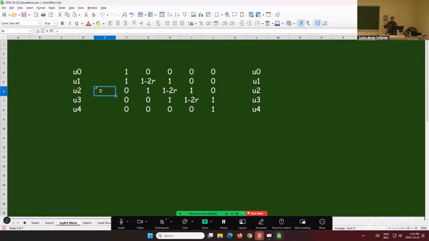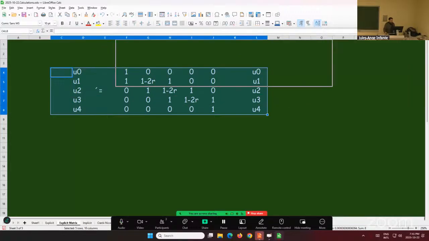So I don't have to do any inversion of matrices or anything. It's just a straight up matrix that I multiply by my vector.